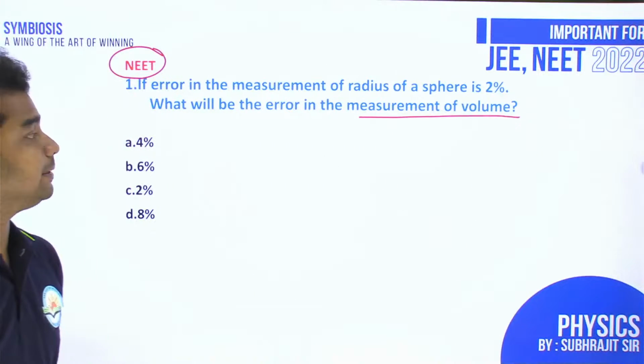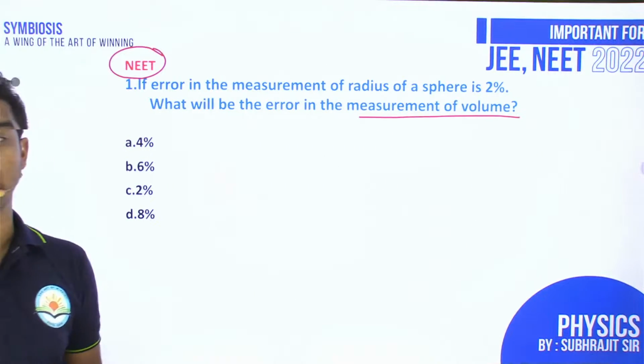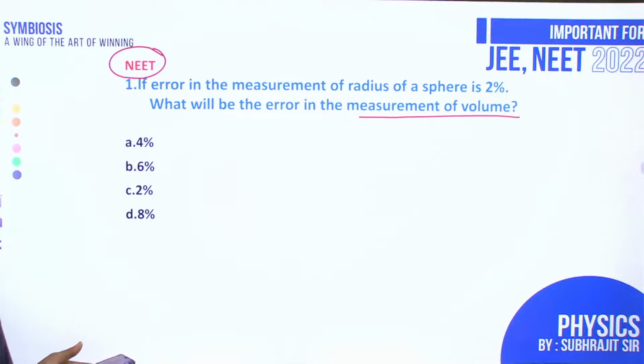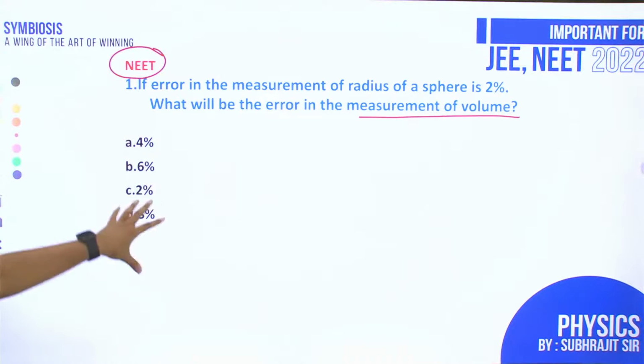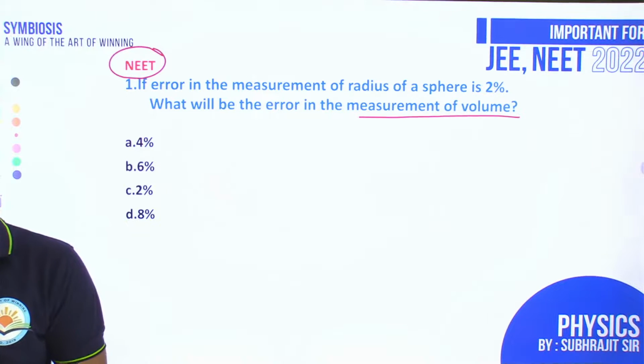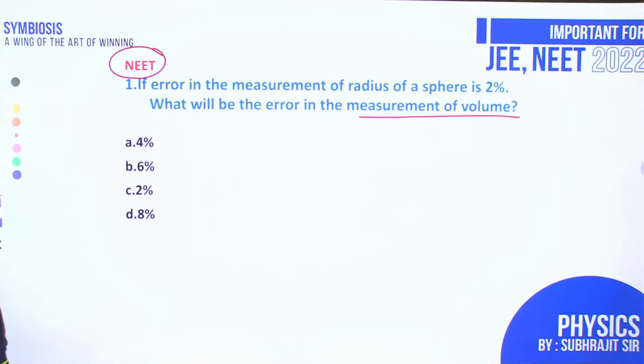The question is, what will be the error in the measurement of volume? You see 4 options here. Now find out what will be the answer.